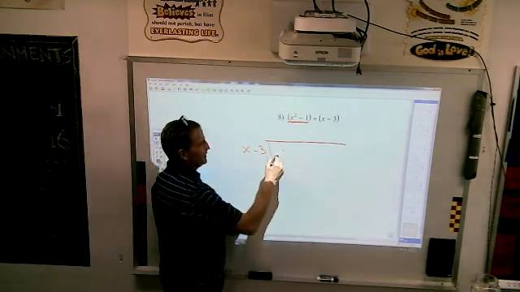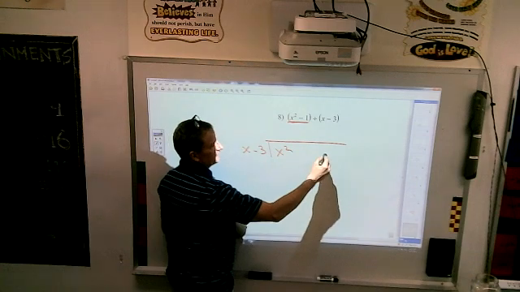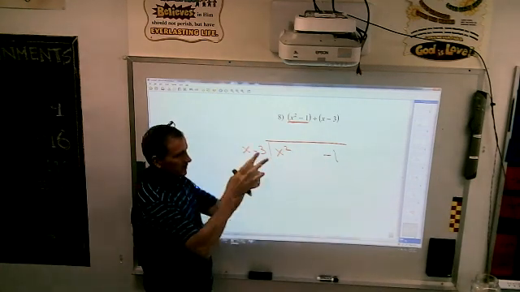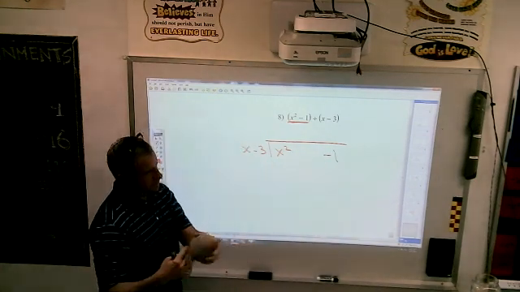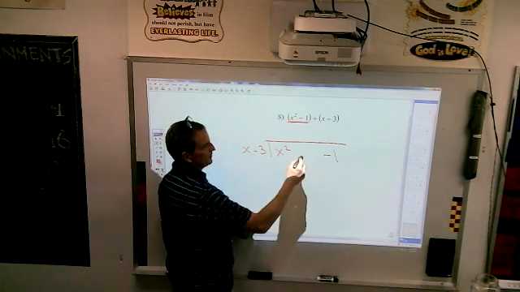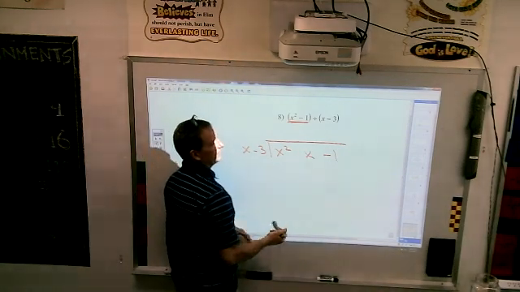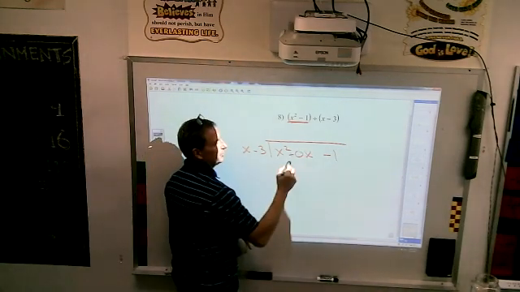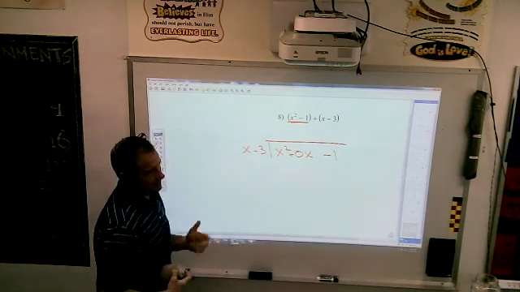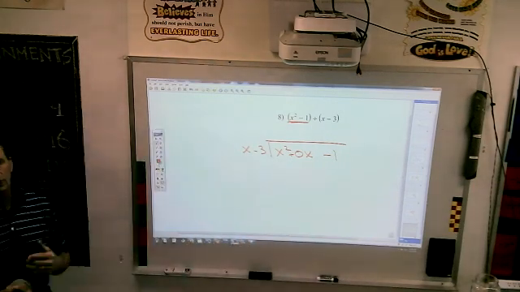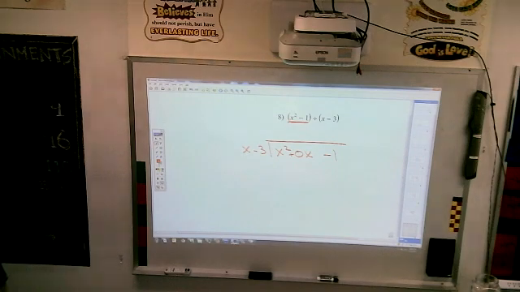If I went right from x squared to minus 1, in order to keep your rows straight when you do the division part, you need to put something in there for x. And what would that be? It would just be a 0x. You just need it there to hold that place. If you don't, things get really messed up.